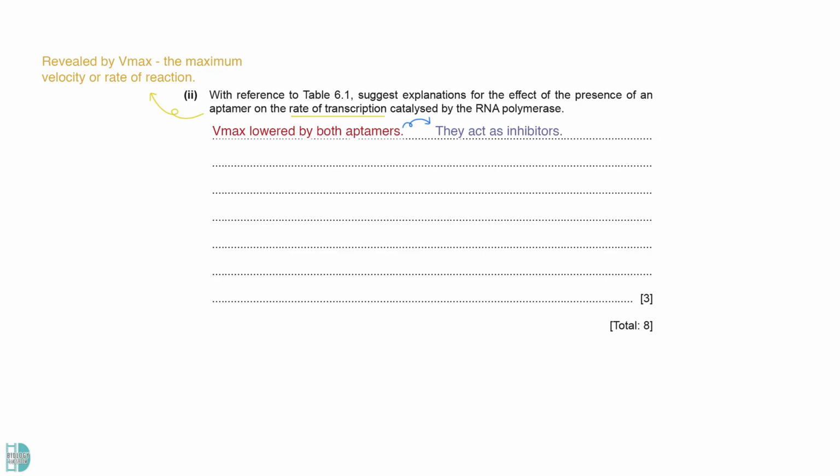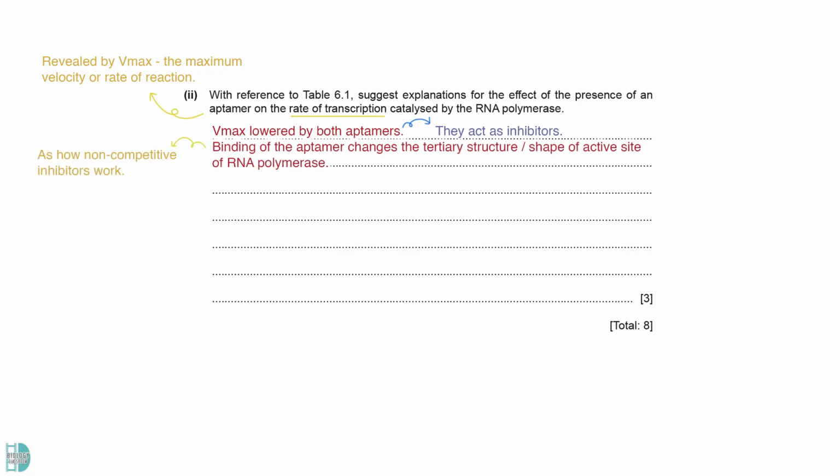This indicates that the aptamers may be inhibitors. There are a few possible ways they might work. They can bind to the enzyme and change the tertiary structure of the enzyme. This causes the shape of the RNA polymerase active site to change. The substrate, RNA nucleotides, can bind less easily to the active site. This leads to fewer enzyme-substrate complexes formed.